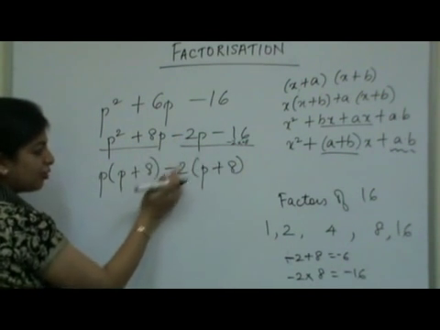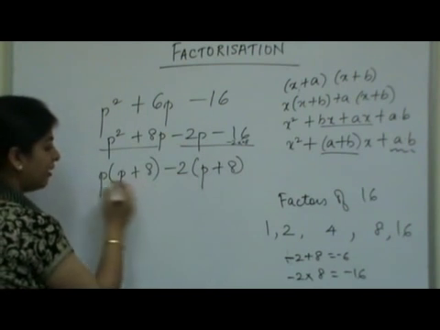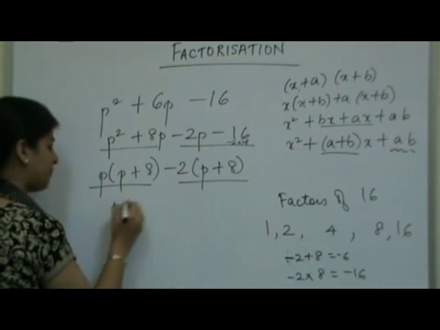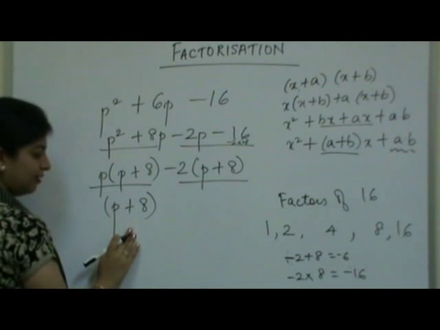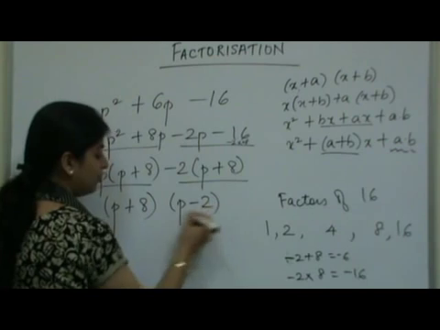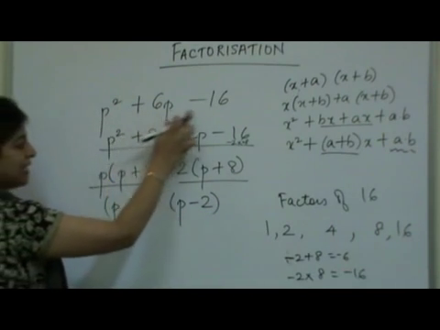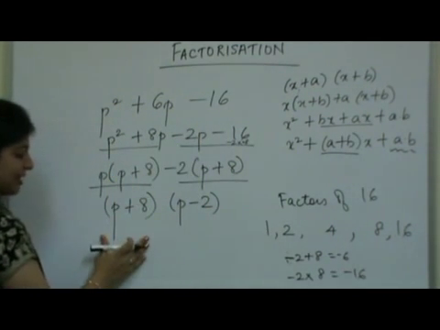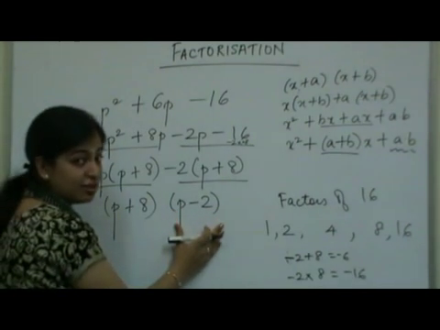Now in the first part and second part, p plus 8 is common, and what is left is p minus 2. So p squared plus 6p minus 16 can be factorized as p plus 8 into p minus 2.